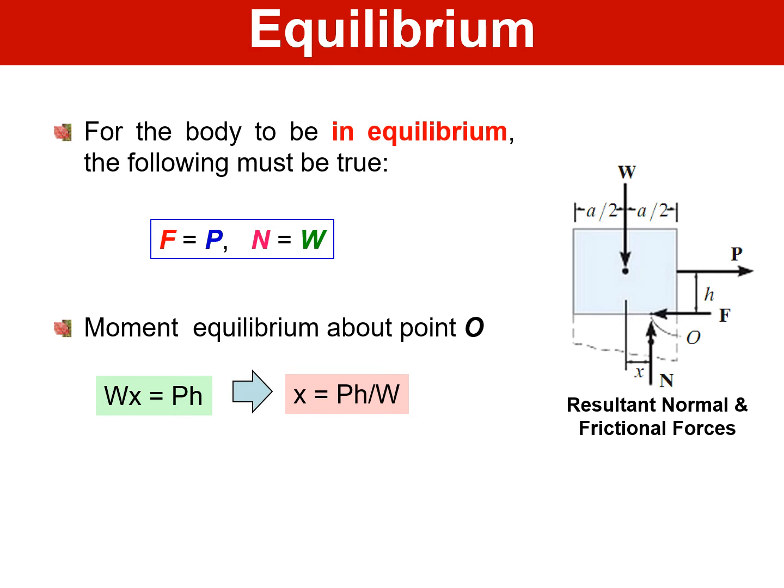And in moment equilibrium about point O, you can see that the moment of W is the force times the distance, so weight W times the distance x to the point O, and then you can get N equals the force P times the height h, then you get x. That is how you determine the location of your normal force.